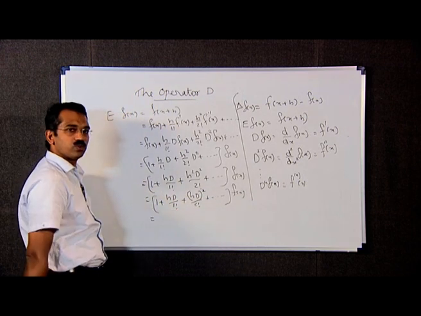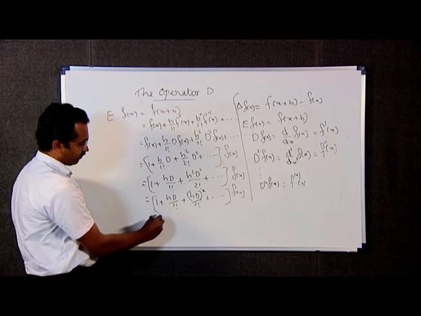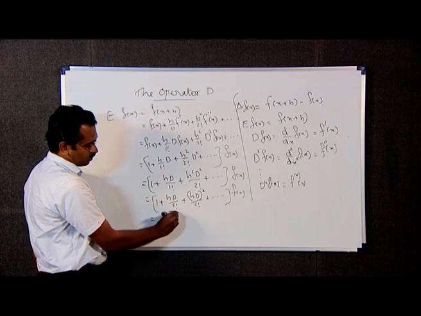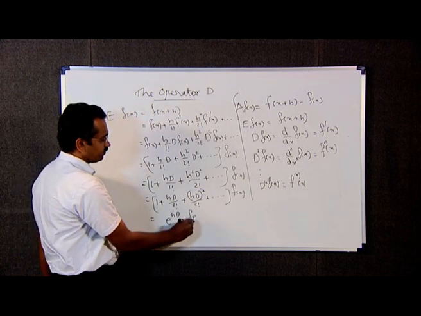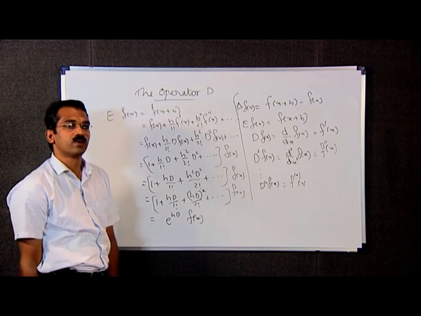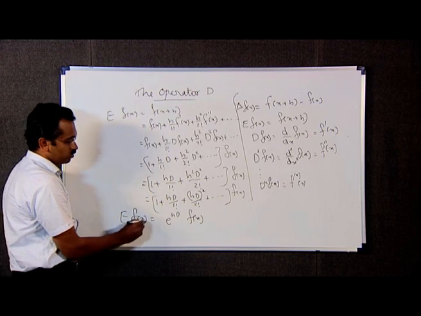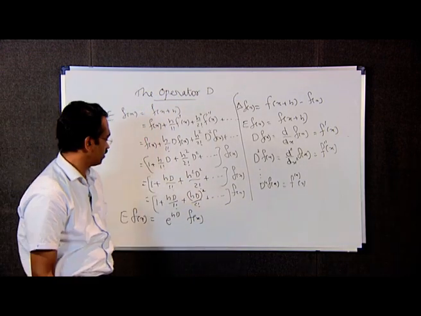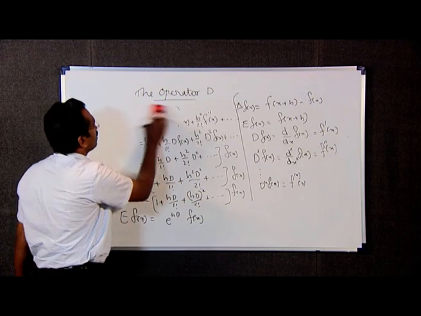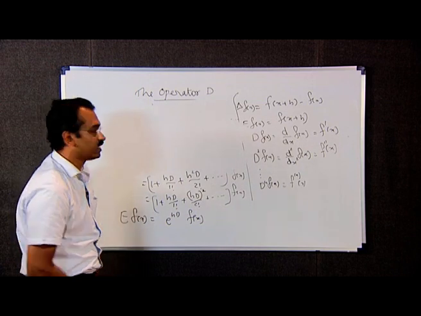This is the expansion of e raised to h D of f of x. That is E f of x is equal to e raised to h D into f of x. Therefore, we can write the identity E is equal to e raised to h D.